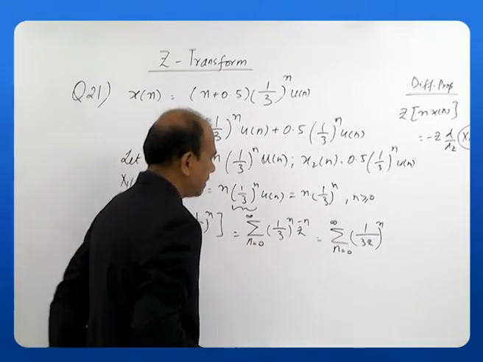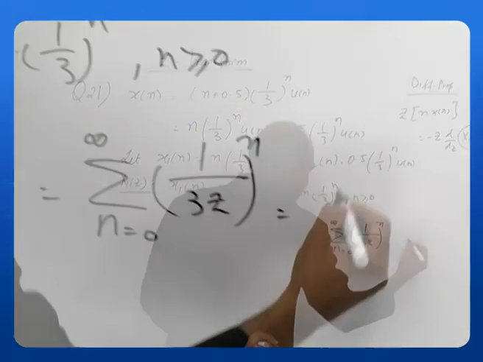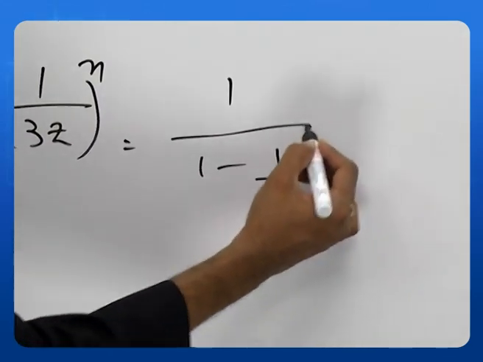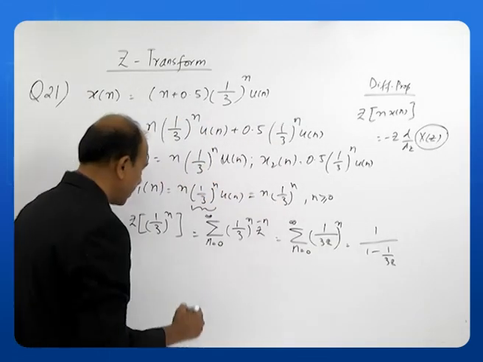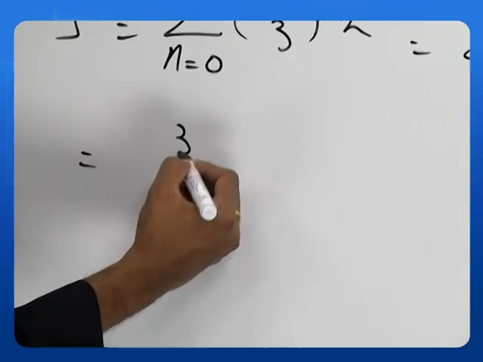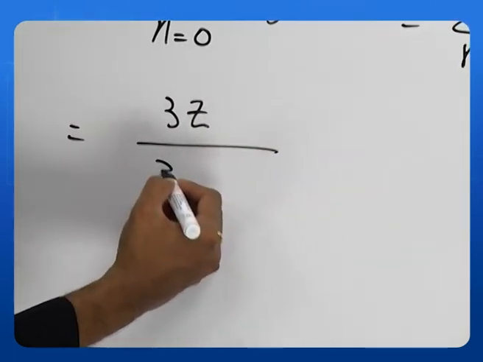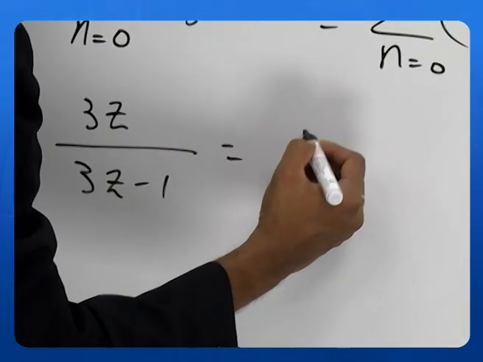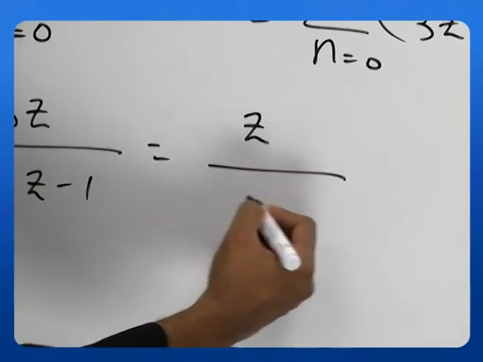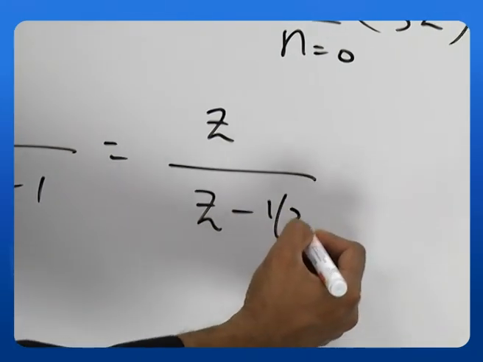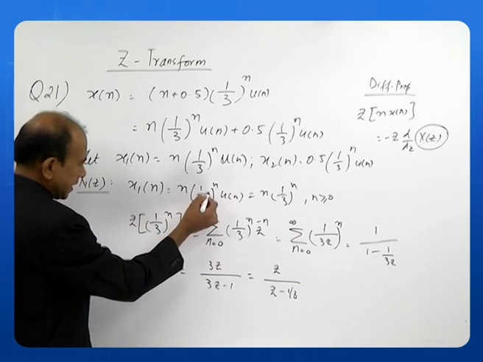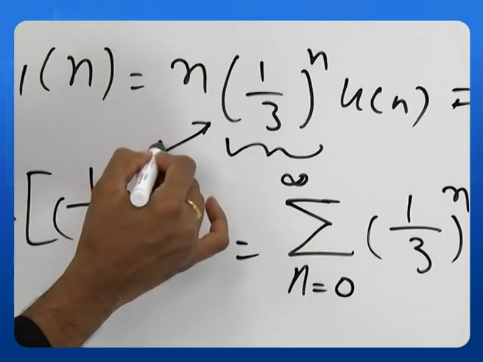So that is nothing but equal to 1 by 1 minus 1 by 3z. Let us simplify that. That will be equal to 3z by 3z minus 1. So this again I can simplify as equal to z by z minus 1 by 3.